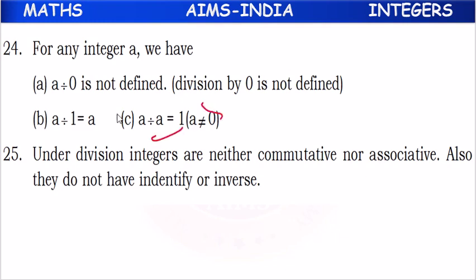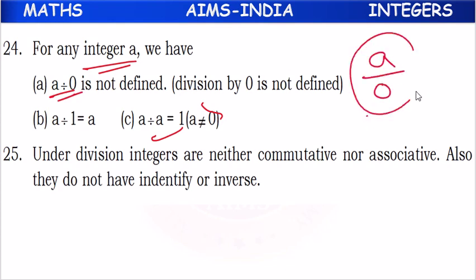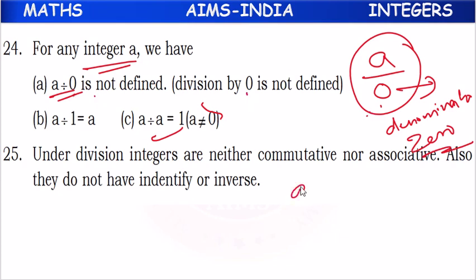Next. For any integer a, a divided by 0 is not defined. Why? Because if we have 0 in the denominator place, that is not defined. So a divided by 0 is not defined. But a divided by 1 will be a only.